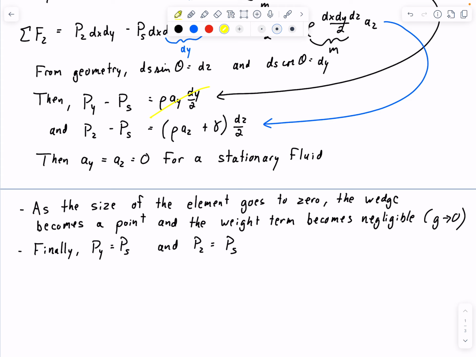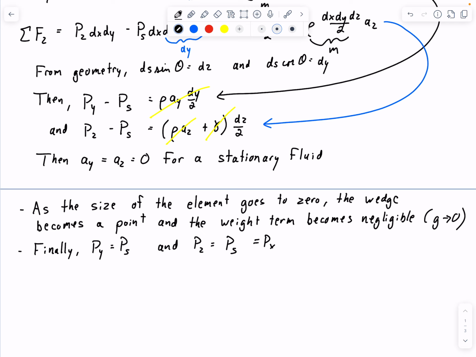So again, that occurs because this term goes to 0 because the acceleration is 0 in a stationary fluid. This term goes to 0 because gravity is negligible, and so we're just left with P sub z equal to P sub s. And we could go through the same thing with a wedge in the x direction, and we would find that P sub x is equal to those as well.